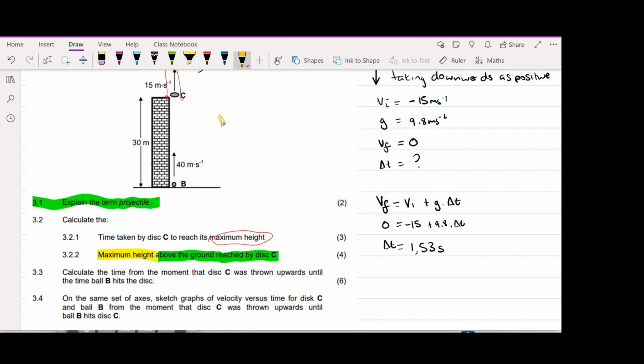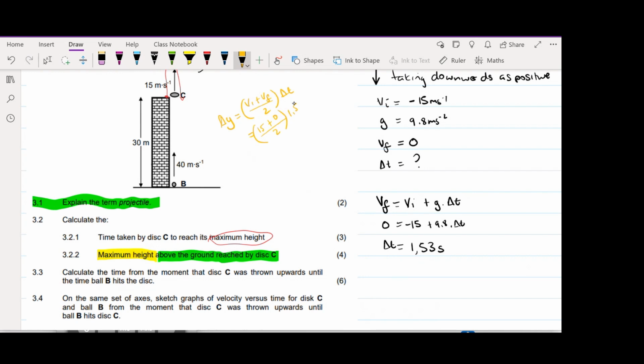So change in y equals v initial plus v final over 2 times the change in time. The initial velocity is 15 plus the final, which is 0, over 2, times the 1.53, which would give me the change in y.